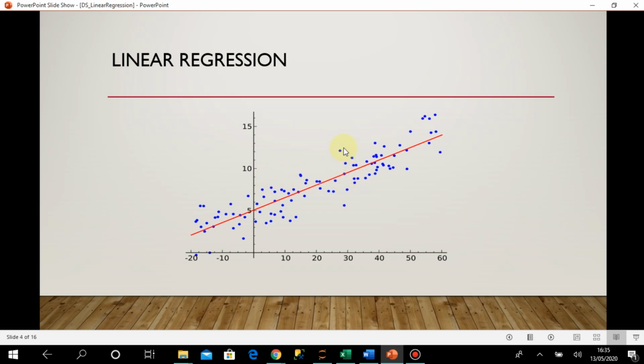So there is a difference between the actual output and the predicted output. How it works and how we minimize this distance, we will discuss in detail. But the purpose of linear regression is that when we have these x and y values, we plot one straight line and predict the output value based on this straight line.